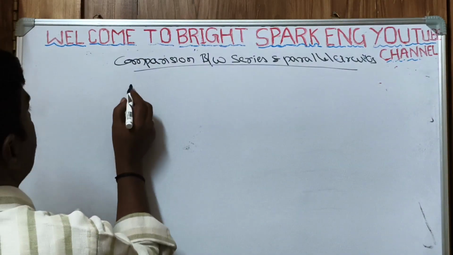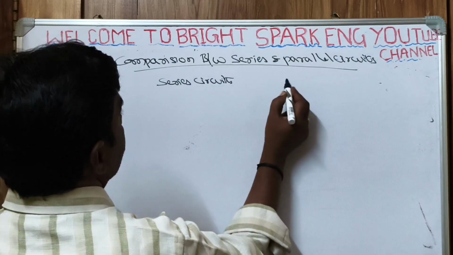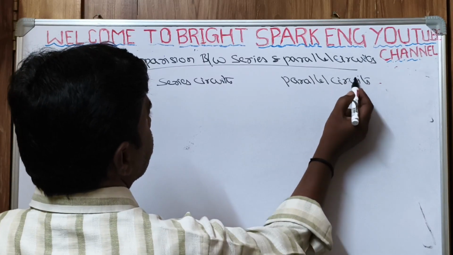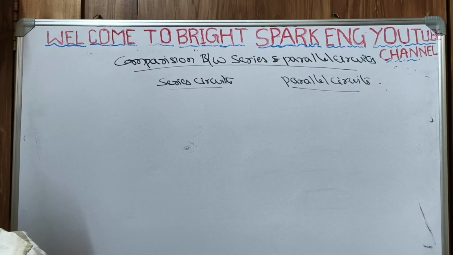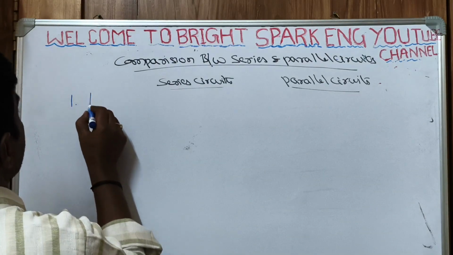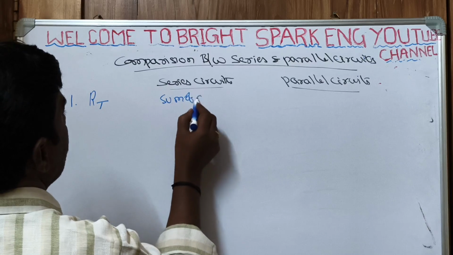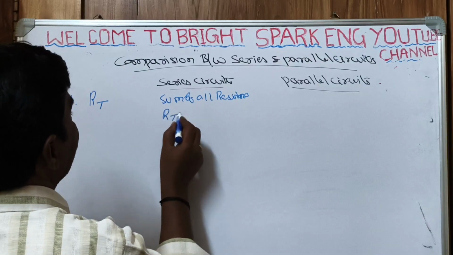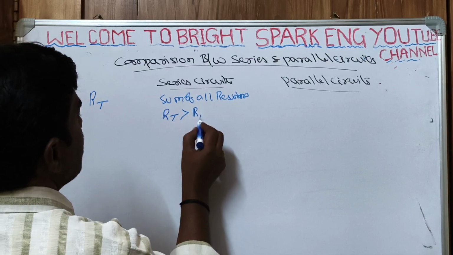Series circuits, parallel circuits. Here, in a series circuit, R of T, the total resistance, is the sum of all resistors. R of T is greater than R large value.